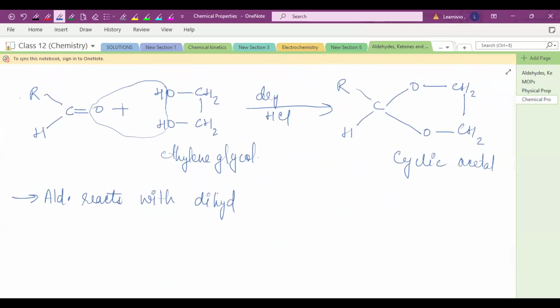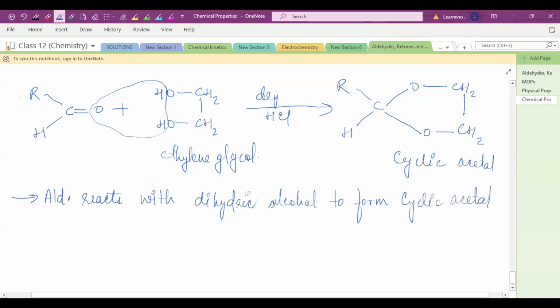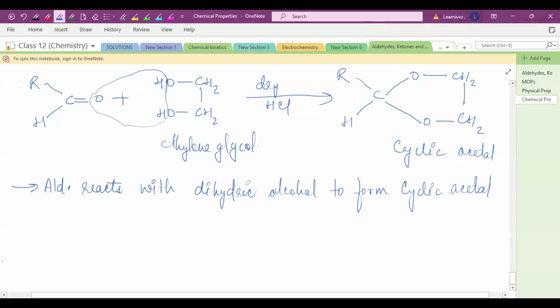So it will form a cyclic acetal. Just remember that. When the aldehyde reacts with the dihydric alcohol, it will form cyclic acetal. And for the monohydric, it will just be a normal acetal.